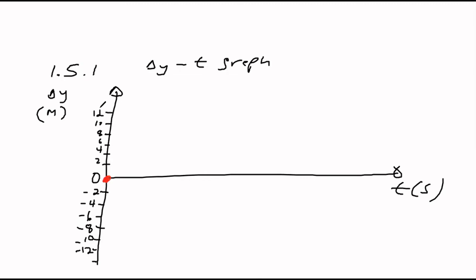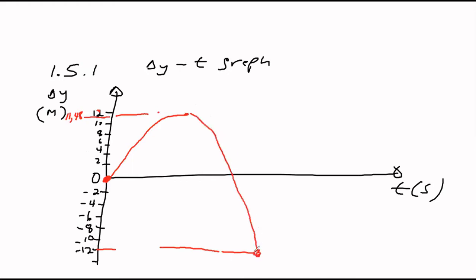The object goes up until it reaches, we can estimate, 11,48 somewhere there. Then the object hits the ground here at 12. So the object goes up until it reaches the maximum height there, which is 11,48. Then the object falls and hits the ground.